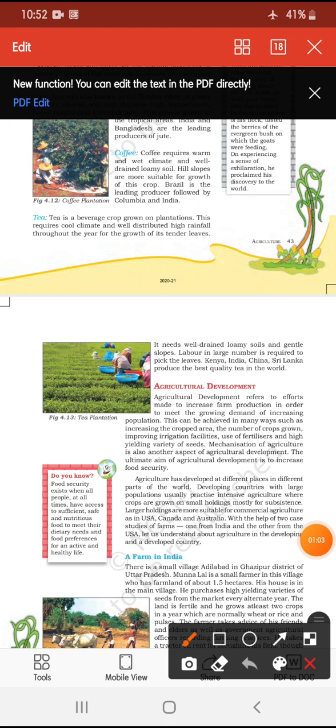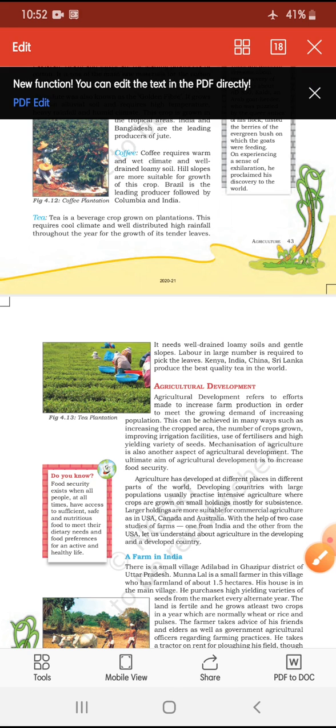So, children, let's continue the new topic, that is agricultural development. See, children, before continuing with any other thing, we require agriculture, cultivation, land, labor. These are the main terms which are required by anyone.